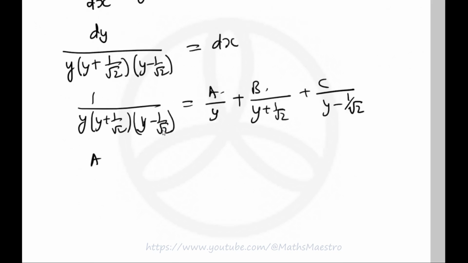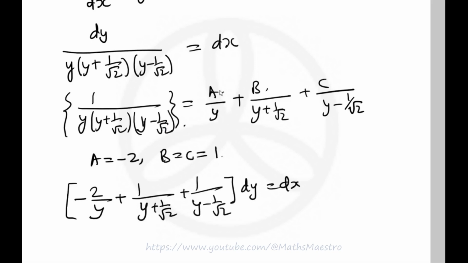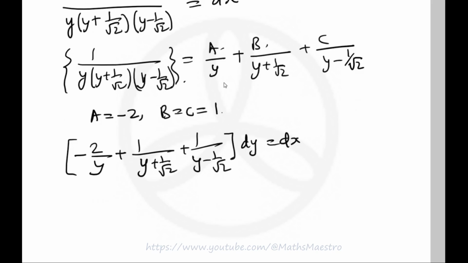We will have a is equal to minus 2, b is equal to c is equal to 1. So this thing which is given here can be rewritten as minus 2 dy by y plus dy by y plus 1 plus dy by y minus 1 is equal to dx.